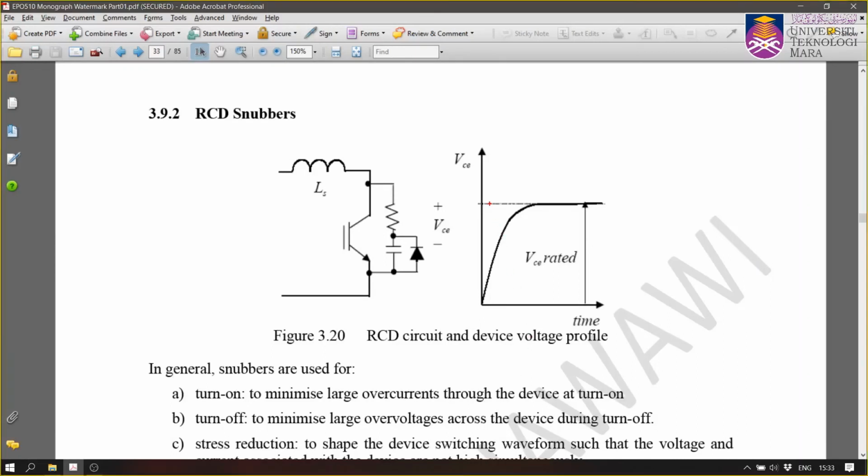Instead of a high increase in the voltage, for example here you have a sharp increase of voltage, but if you apply the RCD snubbers, now your voltage does not suddenly increase with a high slope, but gradually increases, so that reduces the power loss.